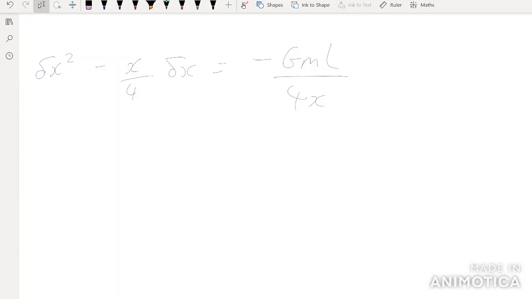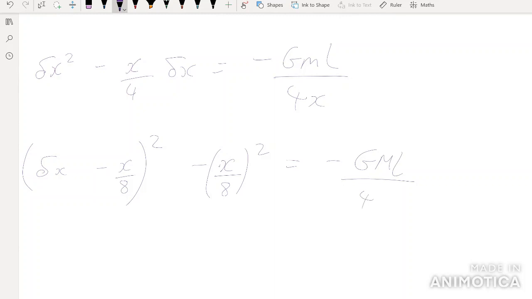In other words, we just need to effectively complete the square on delta x, because that's how you get rid of linear terms. So if we write this as delta x minus x over 8, all squared, minus x over 8 squared, is equal to minus gml over 4x.